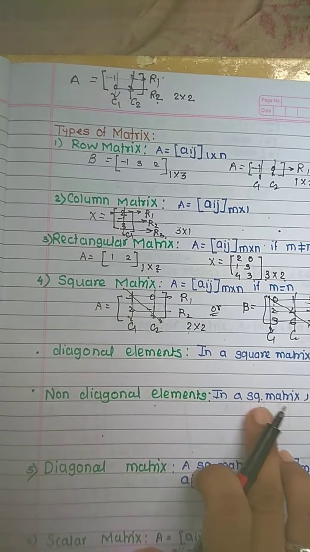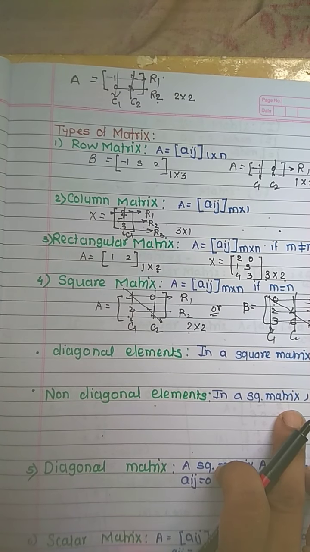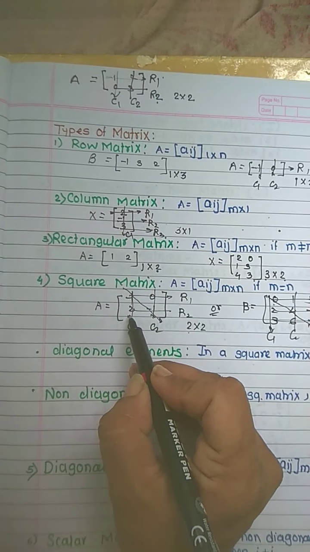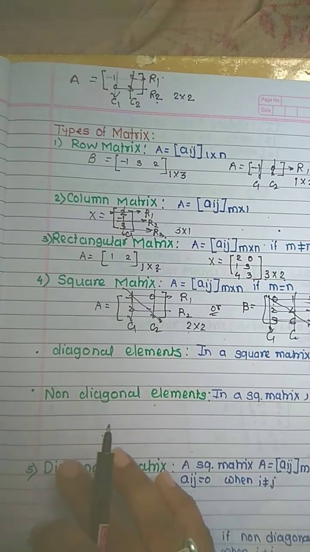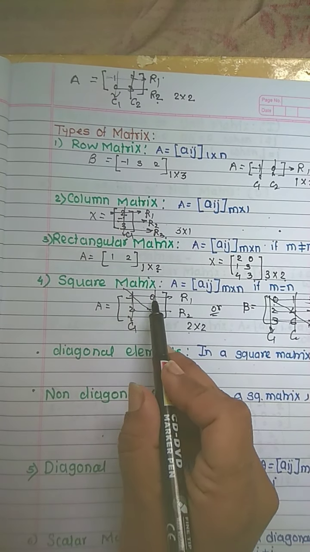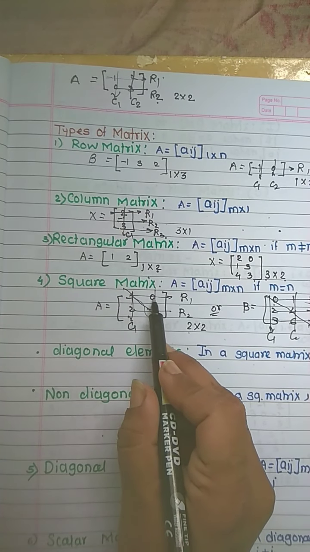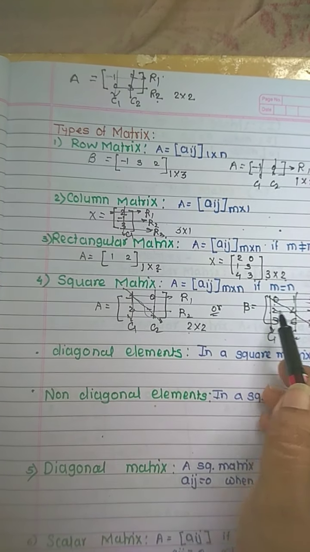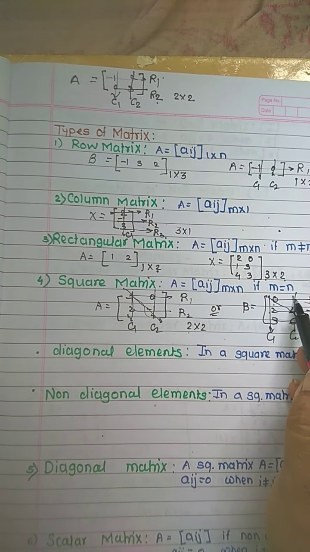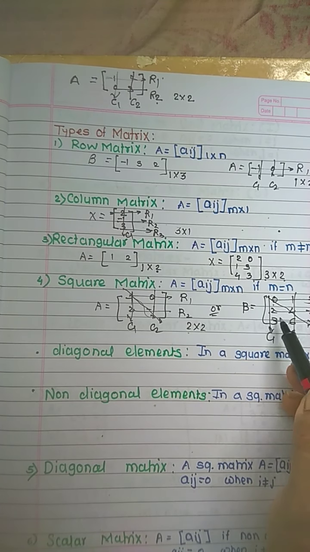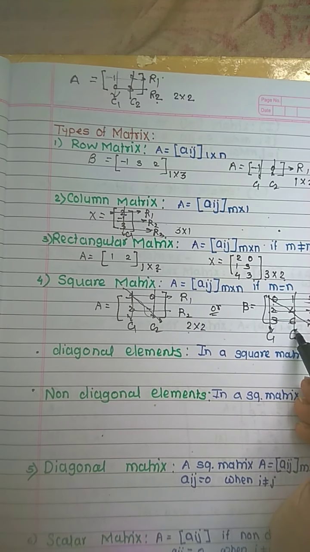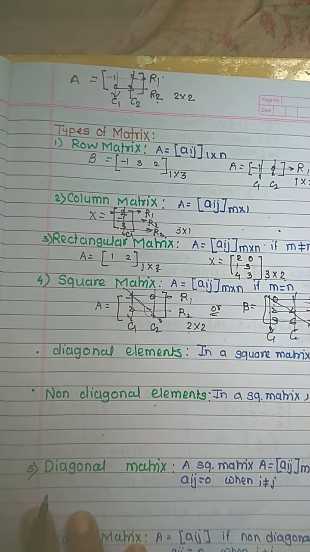Non-diagonal elements, that is in a square matrix if i is not equal to j. The non-diagonal elements are 0, 2, and in the second matrix the non-diagonal elements 1, 3, -5, 2, 3, 6 are called non-diagonal elements.